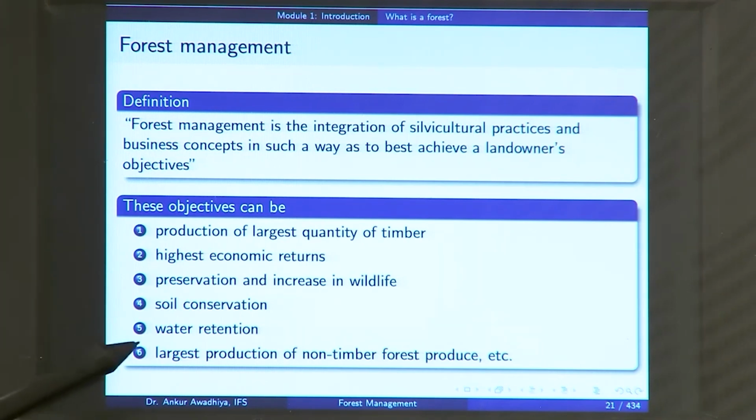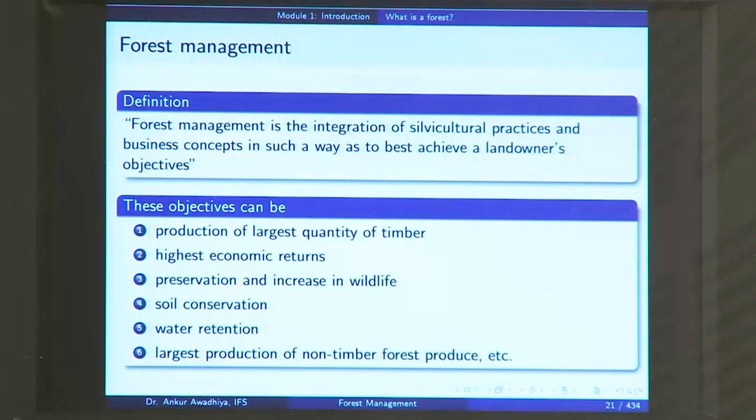Another objective could be the largest production of non-timber forest produce. Now, non-timber forest produce, as we will see later, is all that forest produce that is apart from timber. So, you could be looking at production of the largest number of fruits. Suppose you have a forest that is full of amla trees, and you want to manage it in such a way that you are getting the largest amount of production of amla.